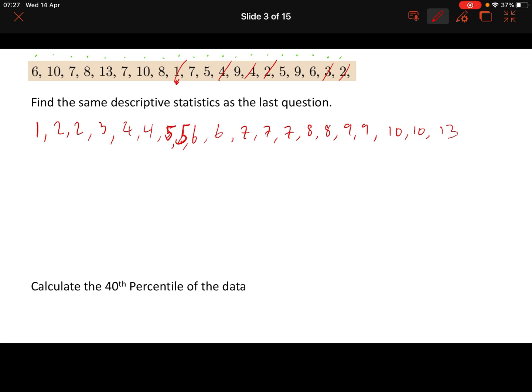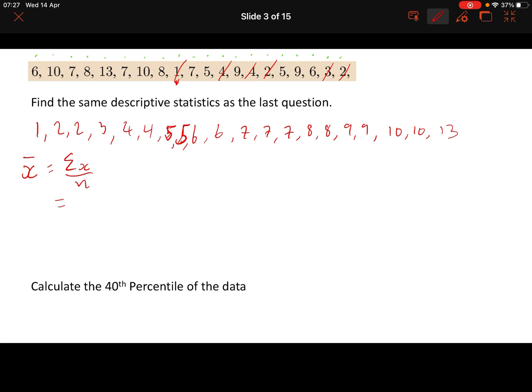So the mean is we add up all the numbers and divide by how many there are. So I'm just going to do that right now. 1 plus 4 plus 3 plus 8 plus 10 plus 12 plus 21 plus 16 plus 18 plus 20.